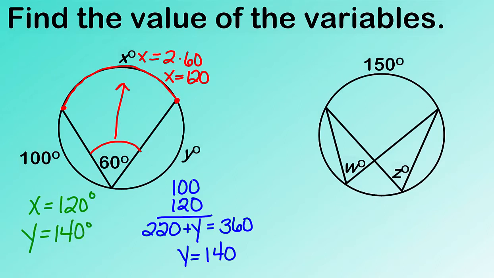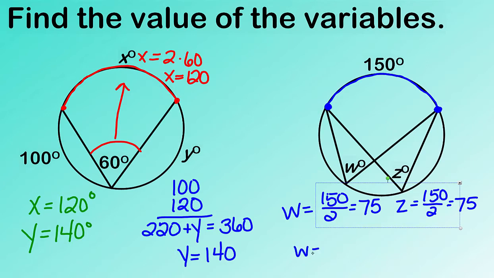Let's look at the next one. I know that inscribed angles are half the measure of the arc they intercept. They both intersect the same arc. So what I can do is say that W is equal to 150 divided by 2, which is 75. I also know that Z is equal to 150 divided by 2.